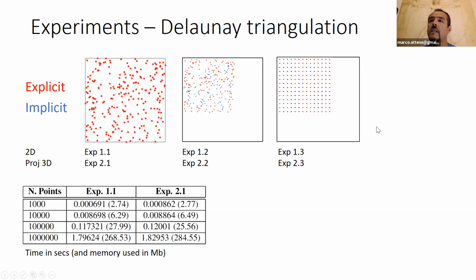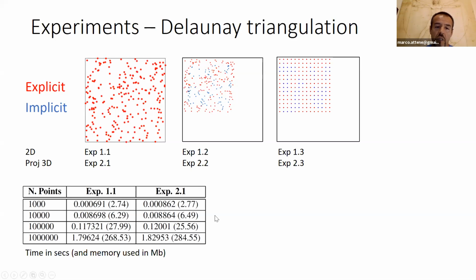Uniformity here is used to stress the in-circle predicate during the Delaunay triangulation. Similarly, I generated a set of 3D points: explicit, mixed, and uniform. These are the three experiments here. And then computed the Delaunay triangulation on their projection on the XY plane.